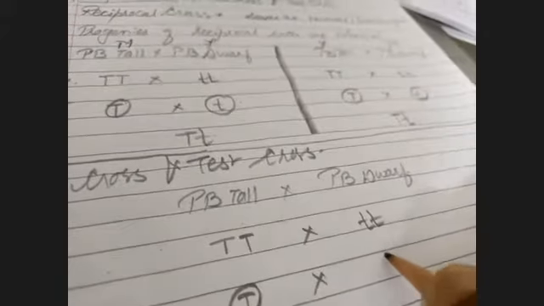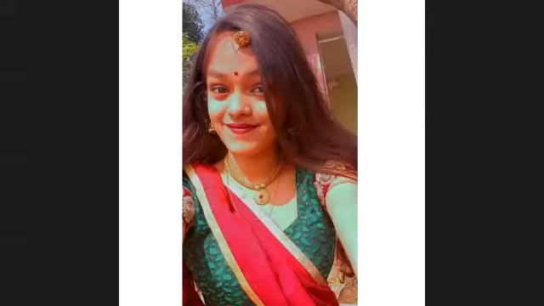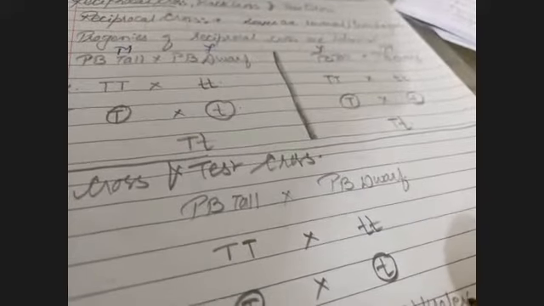What is the gamete of this? Capital T with circle. And the gamete of this? Small t with circle. Very good. What is F1? Capital T, small t. Hybrid or heterozygous?